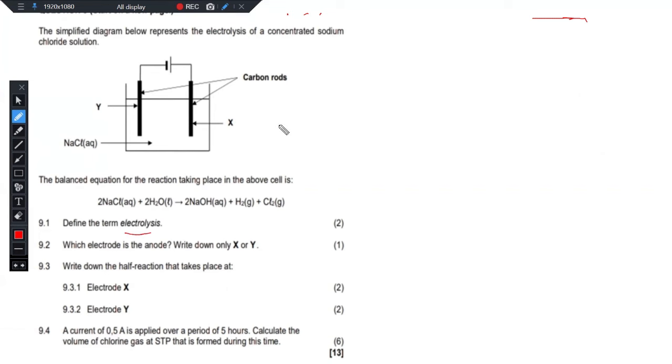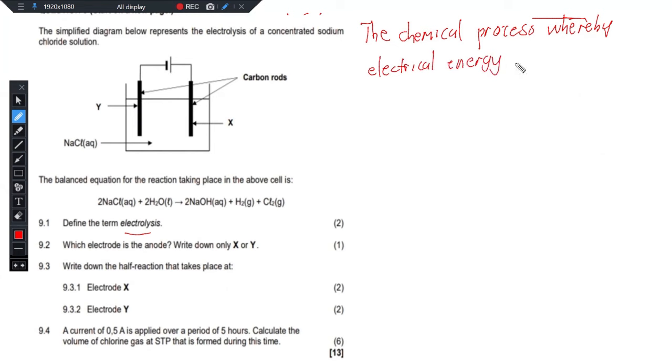So what is electrolysis? We say this is the chemical process whereby electrical energy is converted to chemical energy.